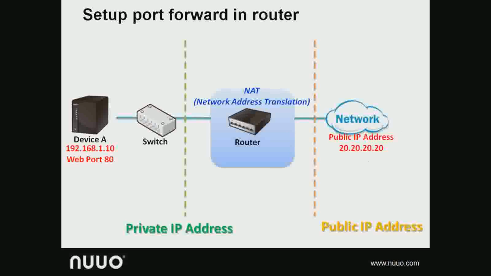And both NUO NVRs are using port 80 for the web service. So how can the remote site user connect with both NUO NVRs by only a public IP address? We can use the router's port forwarding function to allow the remote user to decide which NUO NVR he or she wants to connect with.